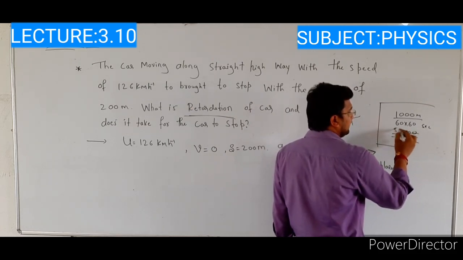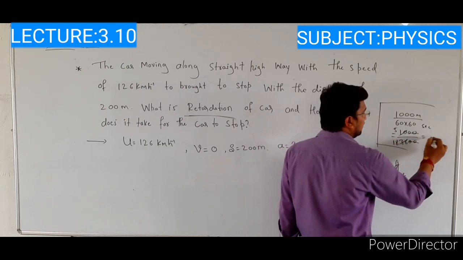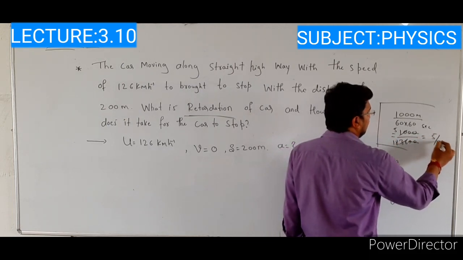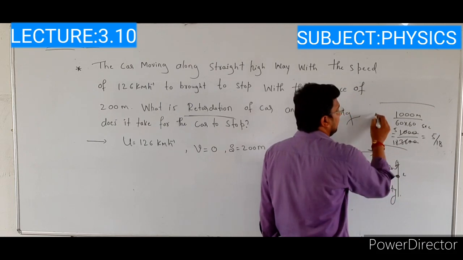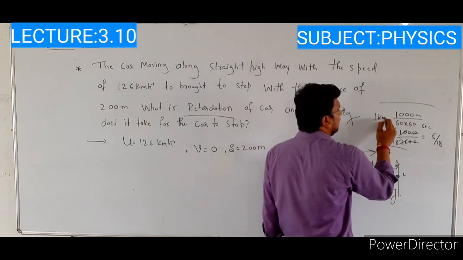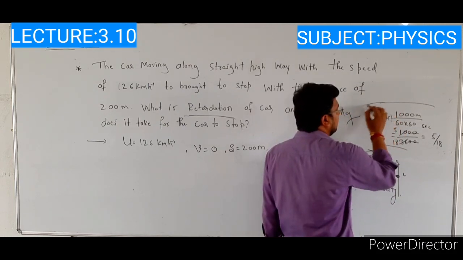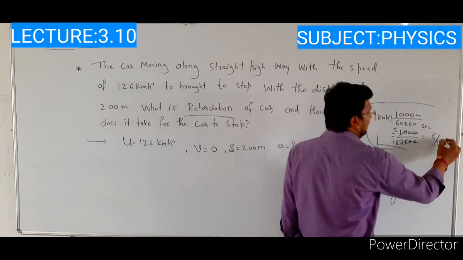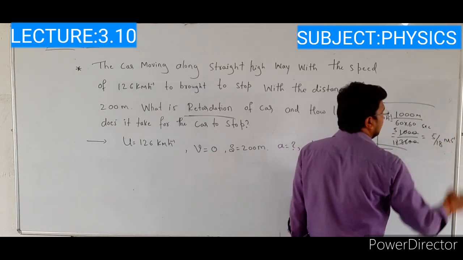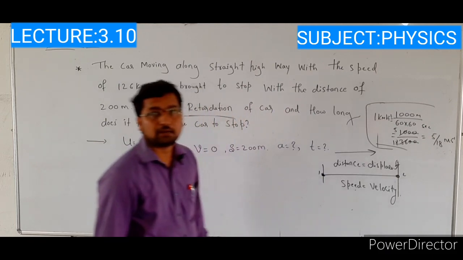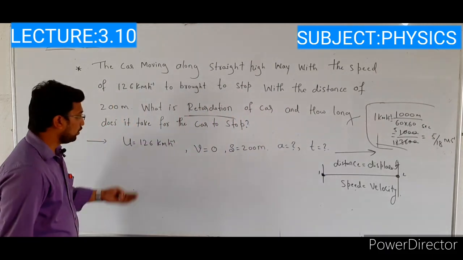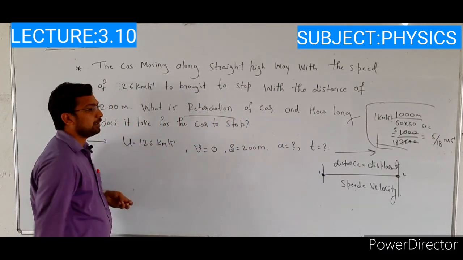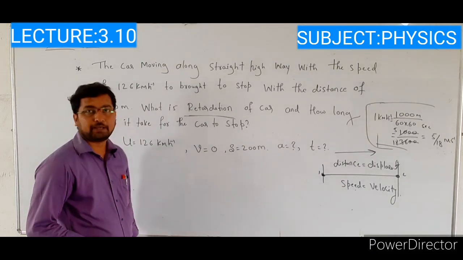Next, this is 5 and this is 18, so this is equal to 5 by 18. 1 kilometer per hour is equal to 5 by 18 meter per second. So then how to convert this 126 kilometer per hour into meter per second?